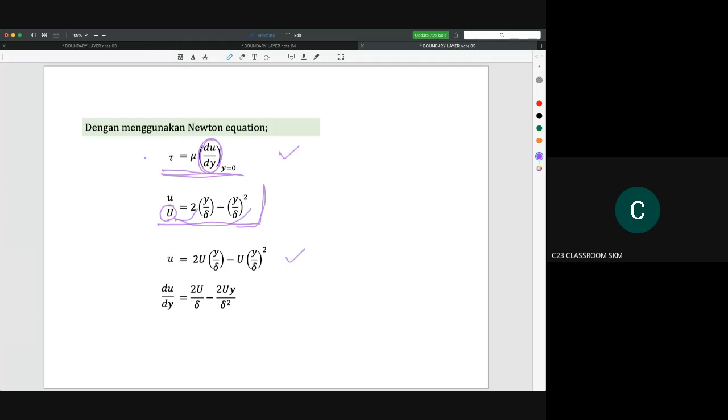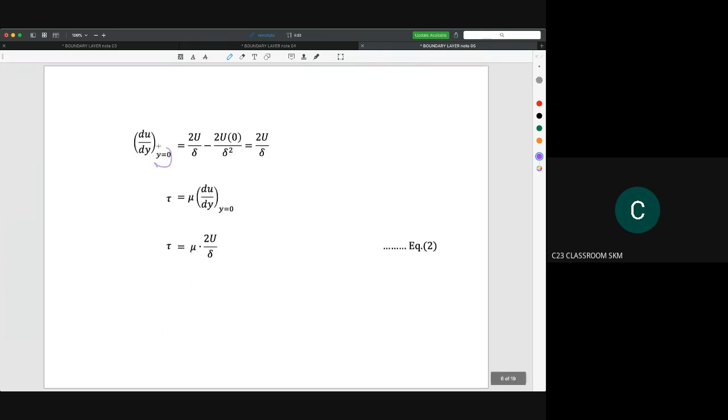Then we differentiate it: du dy is 2U over delta minus 2Uy over delta square. Please do not forget to insert y equal to 0, so the value is 2U over delta. We write again tau equal mu du dy at y equal to 0, and substitute the value of du dy at y equal to 0, which is equal to this one.